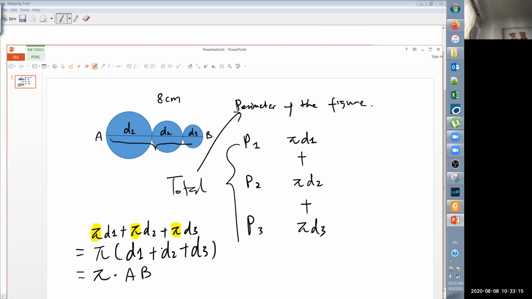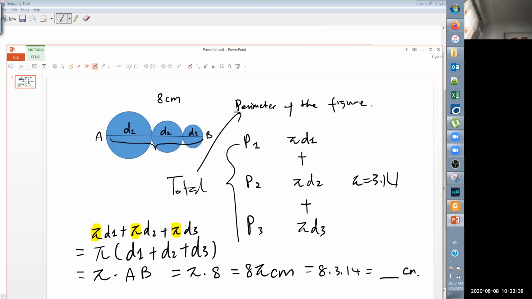Which is pi times 8, so 8 pi cm. Of course, they have to tell you pi is 3.14, and then you continue with 8 times 3.14 and write down your answer. Simple, right?